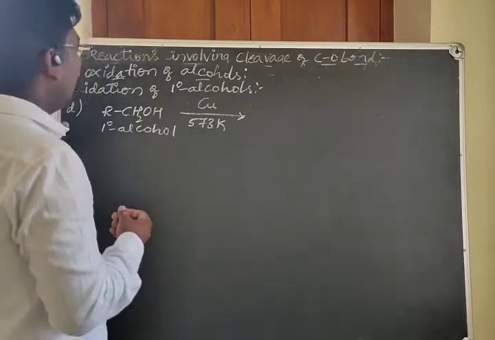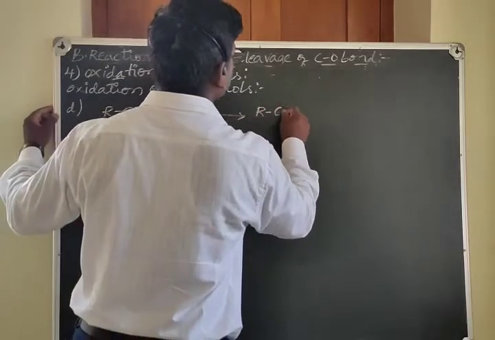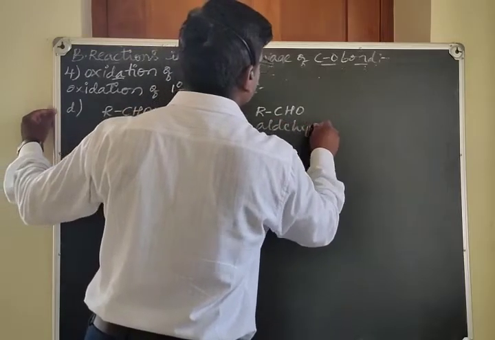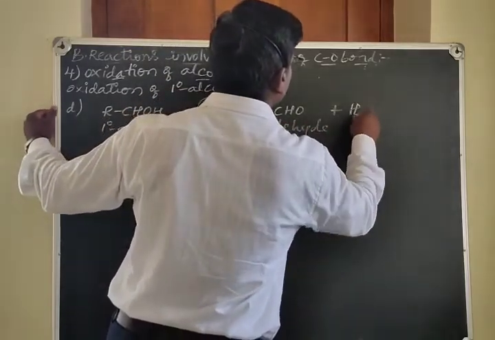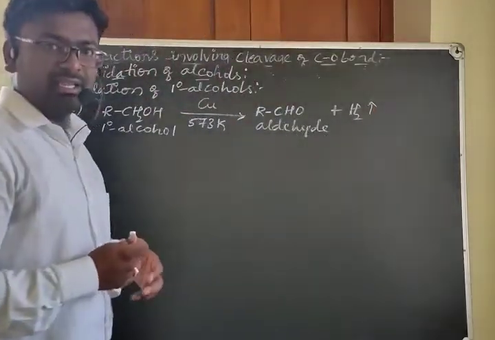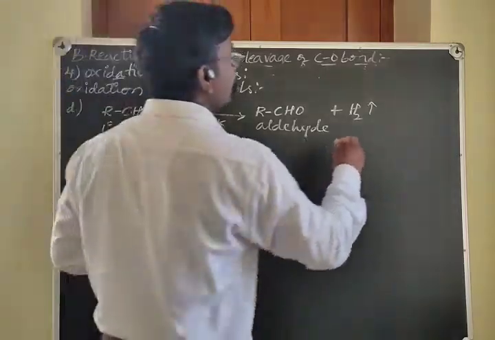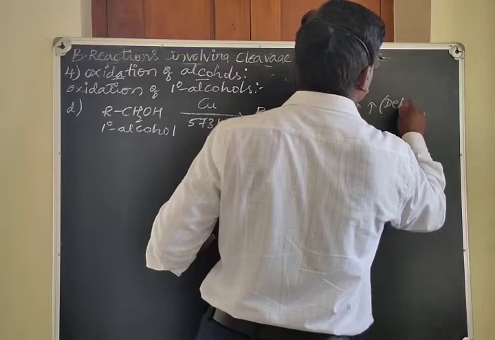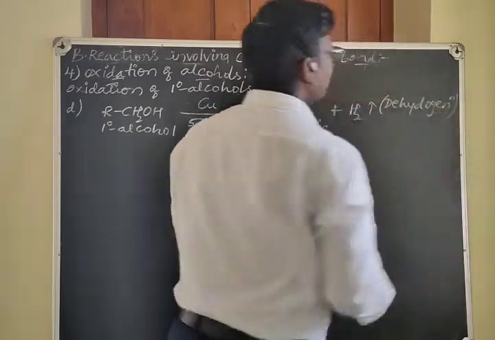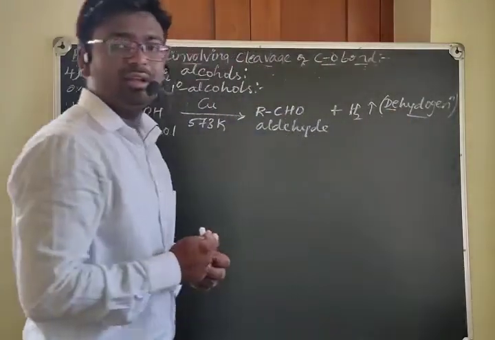At this temperature the primary alcohol is oxidized to the aldehyde with the release of H2 gas. This type of reaction involving the release of H2 gas is called a dehydrogenation reaction. Hydrogenation means addition of hydrogen, dehydrogenation means removal of hydrogens.